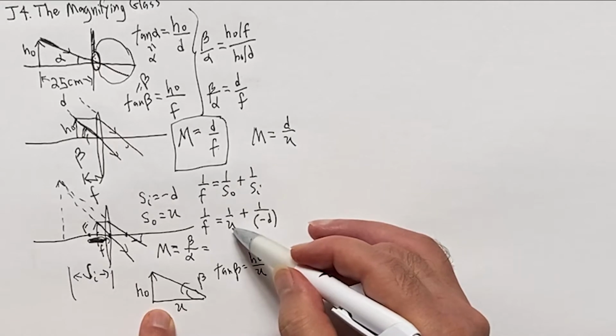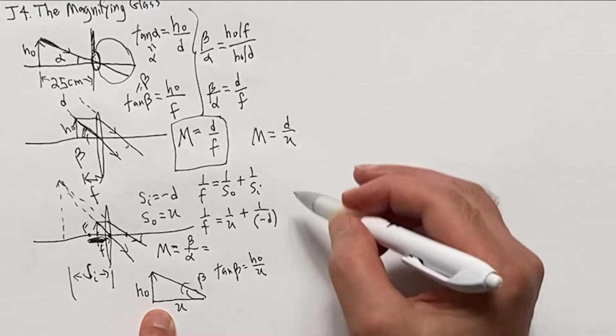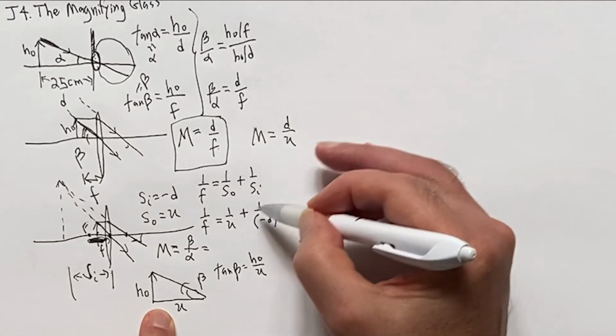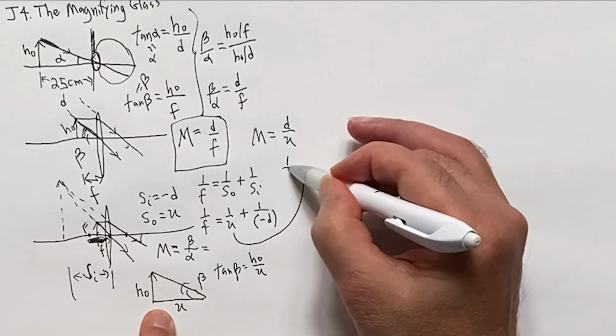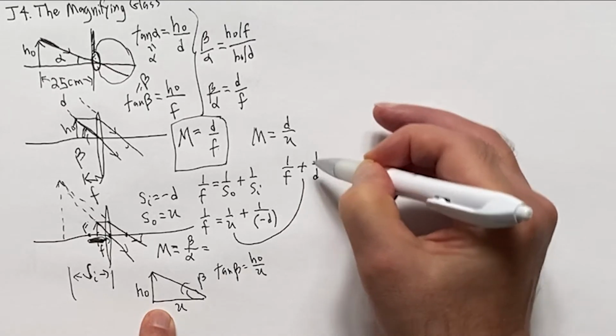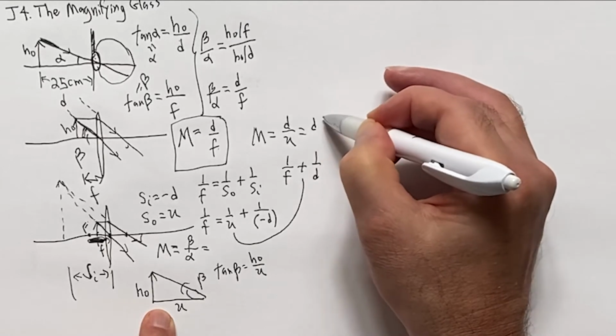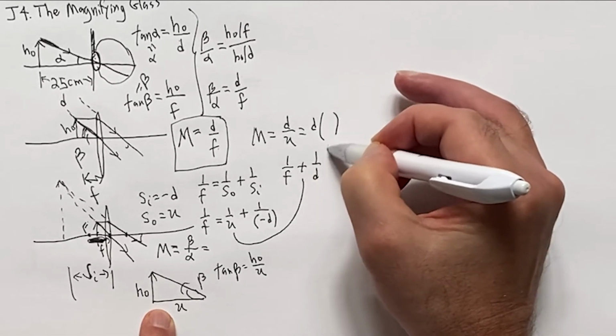But I want to get rid of U, so I have everything in terms of F and D. So here, I want 1 over U, which is 1 over F plus 1 over D. So that's what I want to go in.